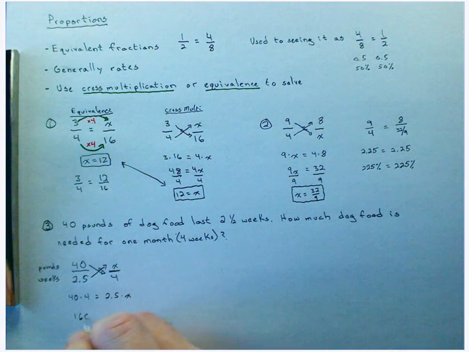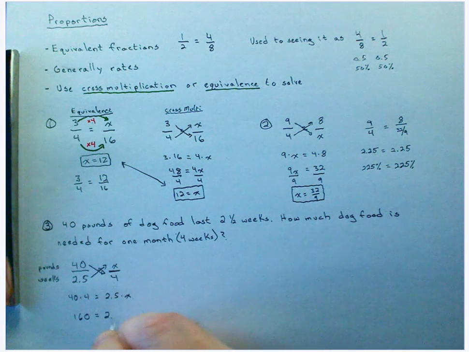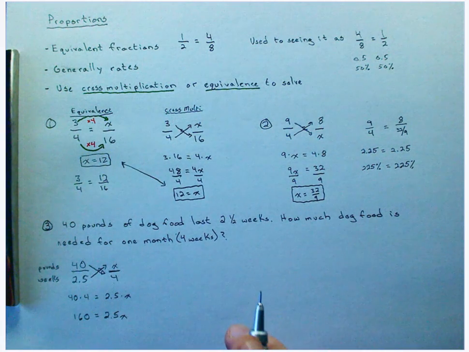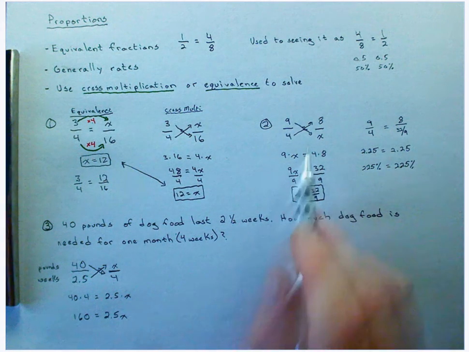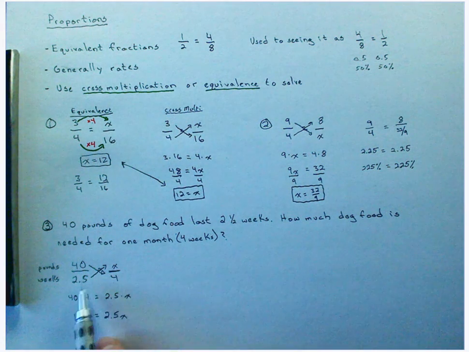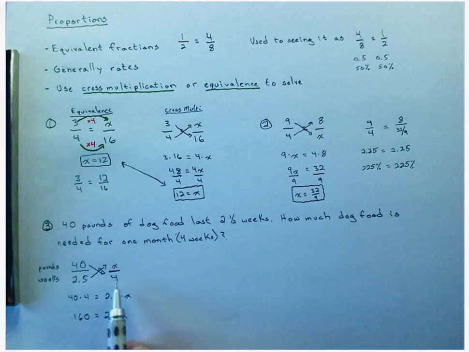That gives me 160 is equal to 2.5x. Okay, so this one wasn't as bad as the one up here in my quantities, but it's still hard for me to look at and find equivalence in saying 2.5 to 4. Now, it'd be nice if it was 5, then I know that it would be 2.